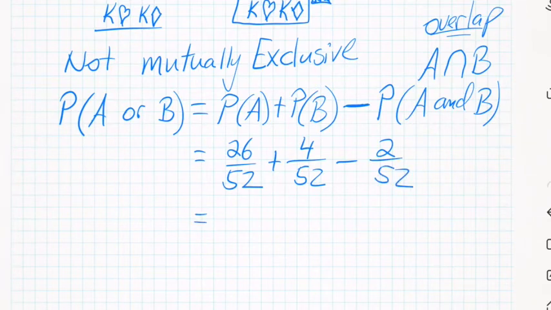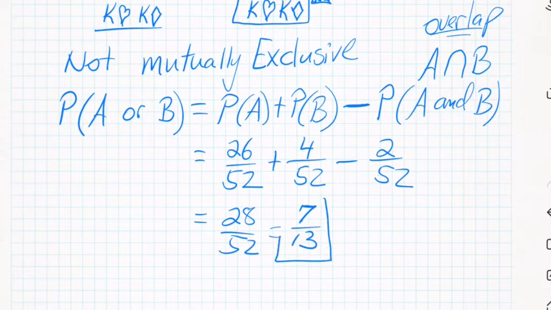So if we simplify this, that would be 26 plus 2, which is 28 out of 52, both divisible by 4, and we'll get 7 out of 13. So the probability of selecting a red card or a king at random out of a deck of cards is going to be 7 out of 13.